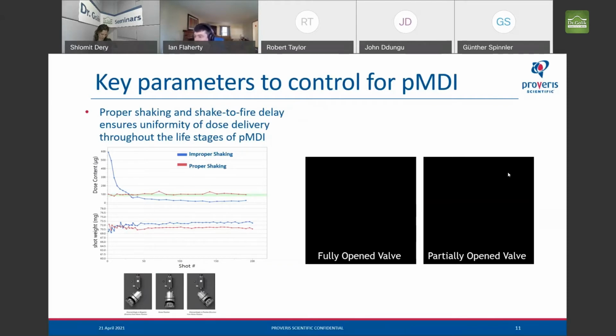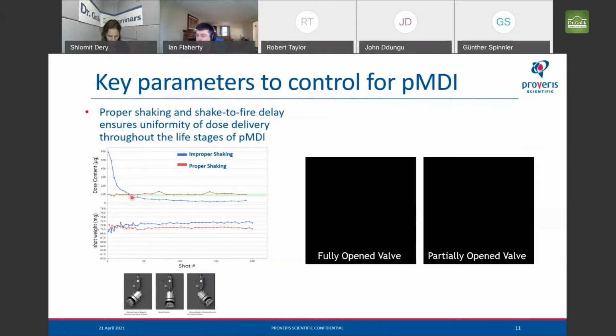And this is an example of some data that we generated showing how the dose content can greatly change based on proper shaking. That trend line in blue basically shows that if you don't perform any shaking, all of the API is already settled at the bottom of the canister. So your first shots through life are going to dispense a huge amount of drug.